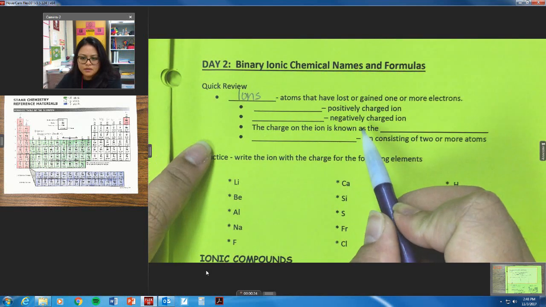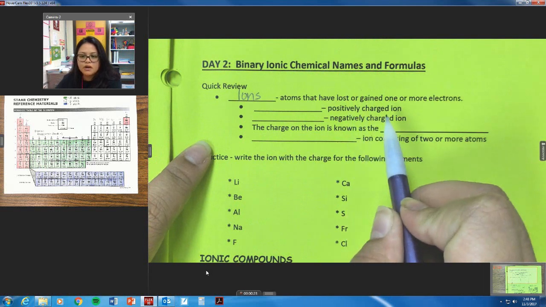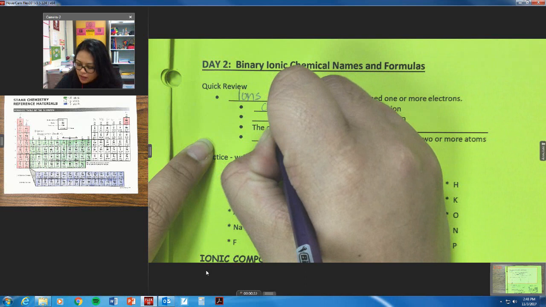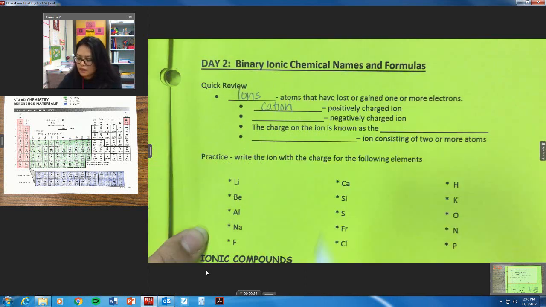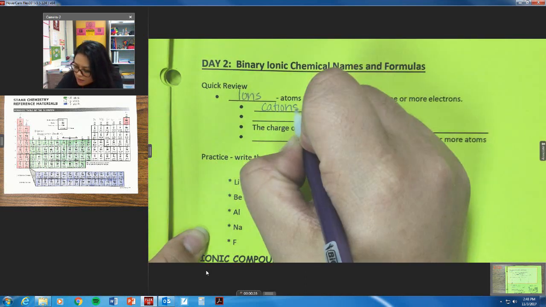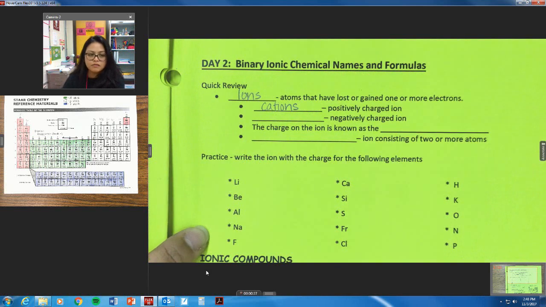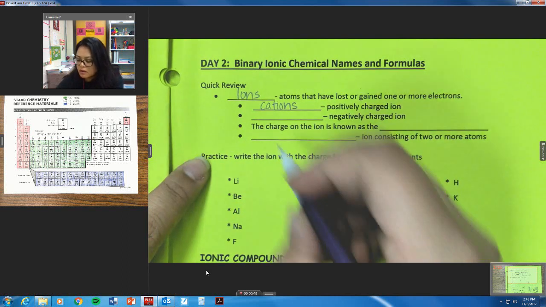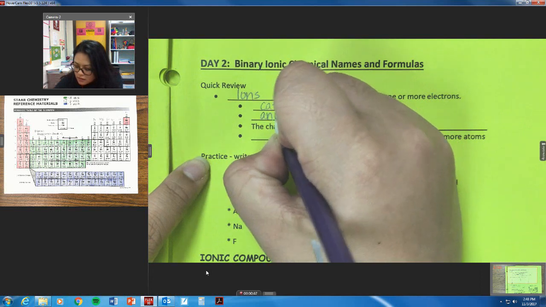Okay, so what are positively charged ions? Well, those are cations. Remember what we always say when we have cations, they are positive because cats have paws. And then negatively charged ions are called anions.